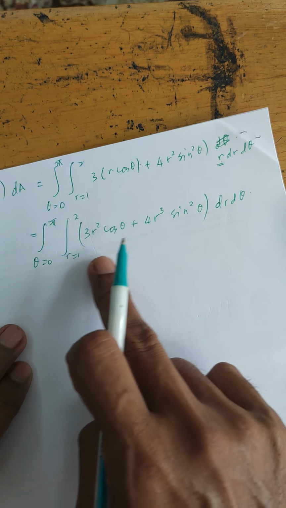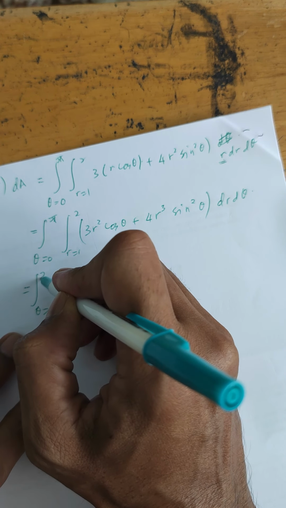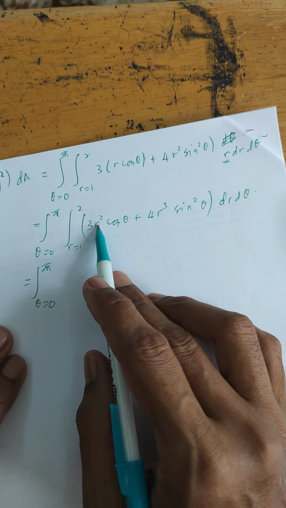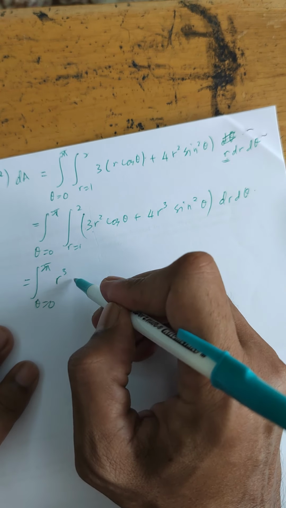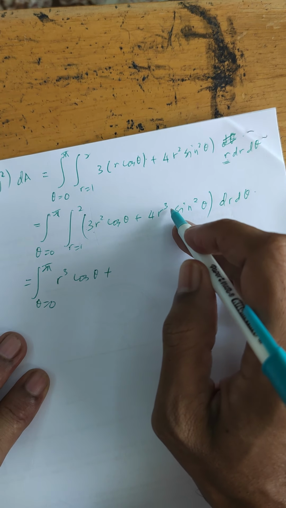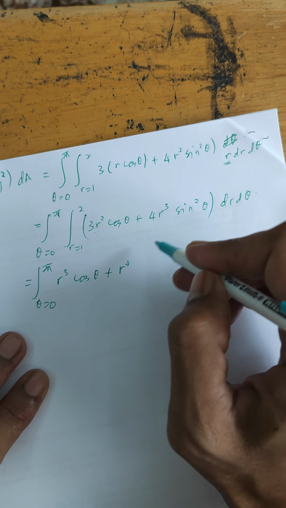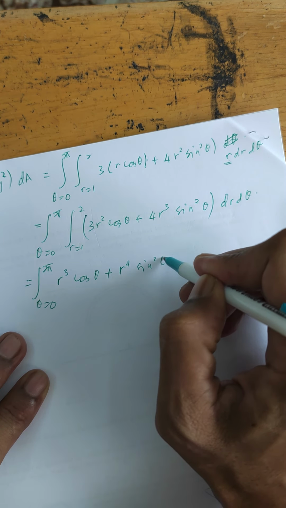And then we just integrate with respect to r. Theta from 0 to 2 pi, 3r cubed cancels with the 3, so we have r cubed cos theta. For the other one we have r to the fourth divided by 4, so we have r to the fourth sine squared theta, where r is from 1 to 2, d theta.